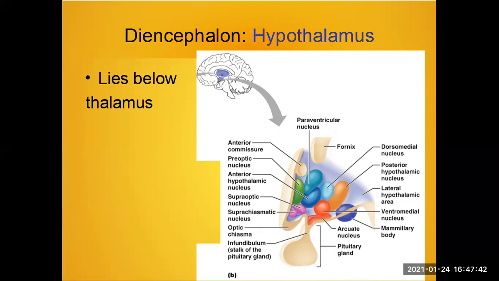The dorsal hypothalamic area comprises several dorsal nuclei. And the intermediate hypothalamic area comprises numerous small nuclei like the infundibulum nuclei, the lateral tuberal nuclei, the dorsomedial nuclei, the ventromedial nuclei, the dorsal nuclei, etc.